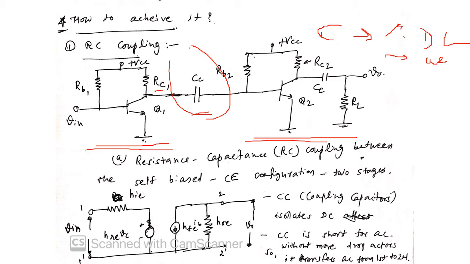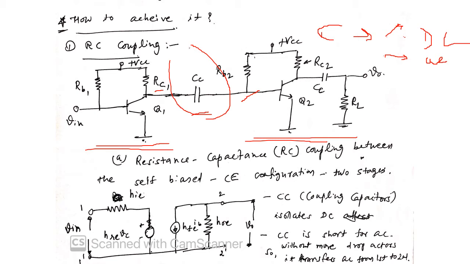Terminal 1 and terminal 2. So here the AC from the first stage will be available to the input, the base terminal of the next stage, but DC wise these are just two separate circuits, and that's why the DC biasing of the first stage is not going to affect the second stage. That is the requirement. So this is the first type of coupling, RC coupling.